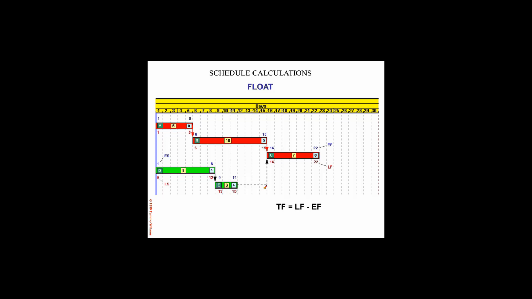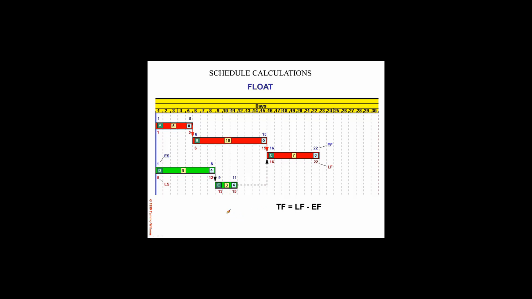If it slides 5 days, more than its total float, then activity C would be pushed out accordingly, as would the project finish. Similarly, activity D, if it were to be pushed out 4 days, it would push activity E along with it, but still would not impact activity C. If activity D were to be delayed 5 days, it would push E out 5 days as well, and activity C and the project finish would be impacted accordingly.